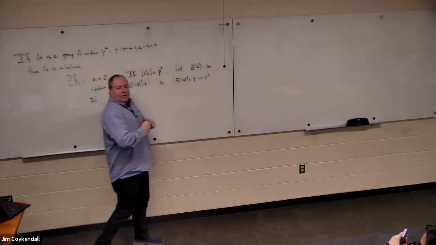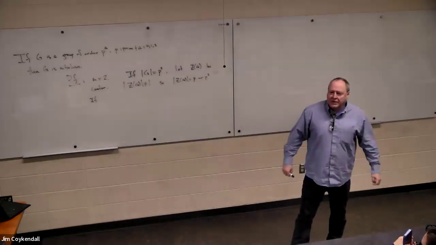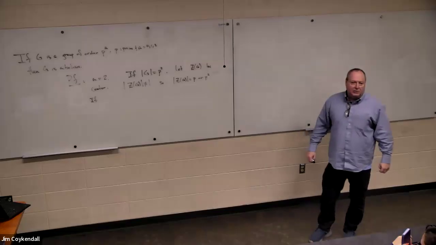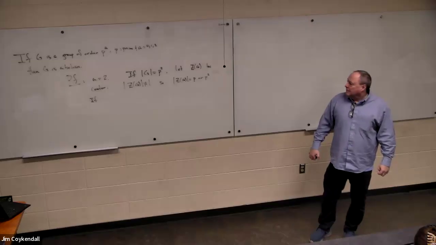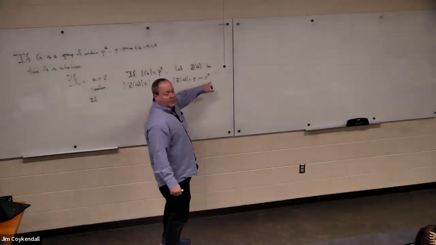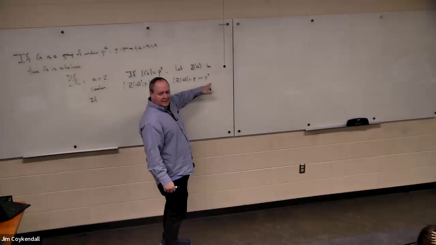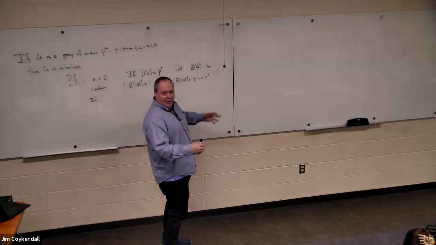So I've got two cases here. Which one of these cases leads to an immediate conclusion? Well, let me ask you this. What happens if the order of the center is p squared? What does that mean? That means that the center has to be the entire group, right?